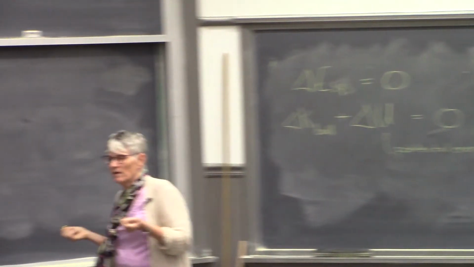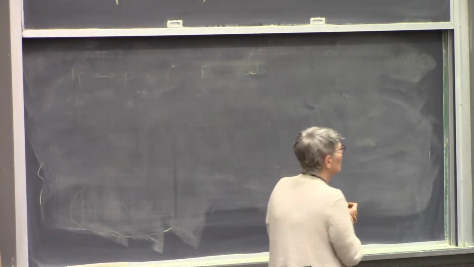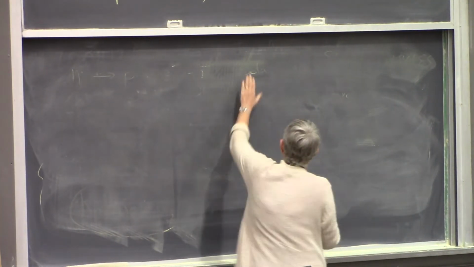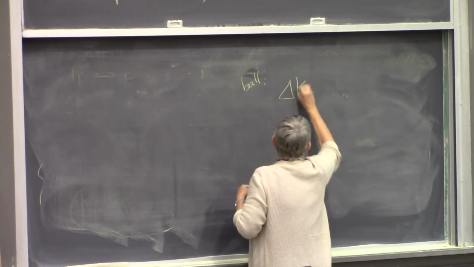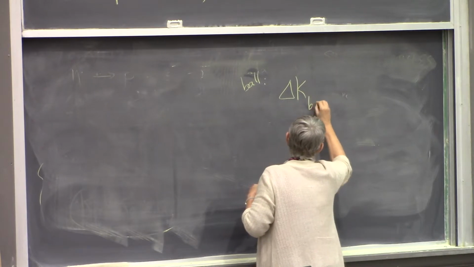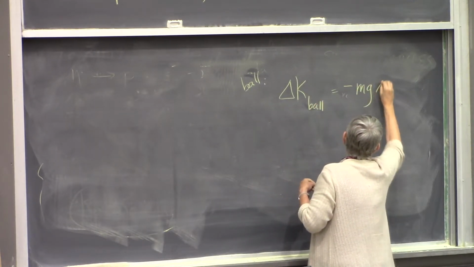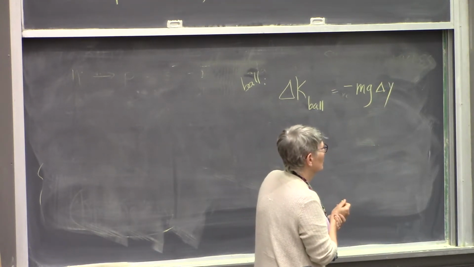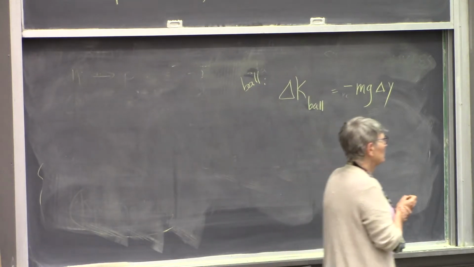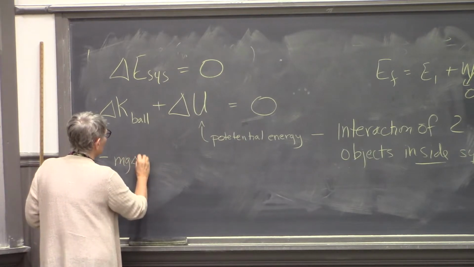Now we actually know what that number has to be in this case. When we considered the ball as the system, the change in kinetic energy of the ball was equal to a minus mg delta y. So this is a minus mg delta y.